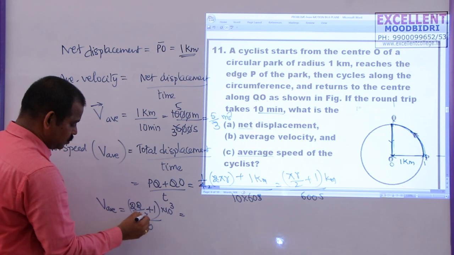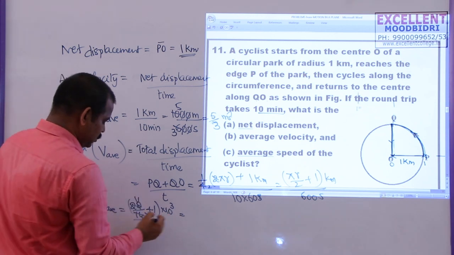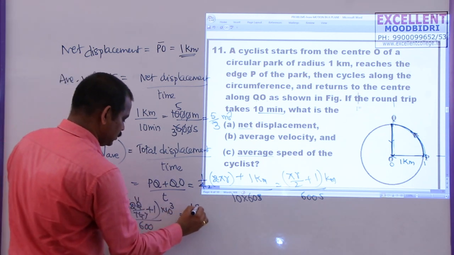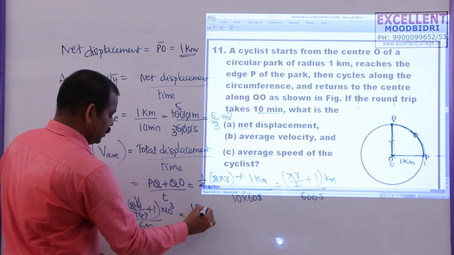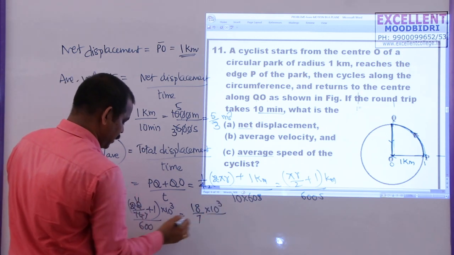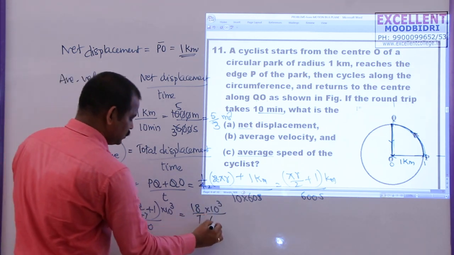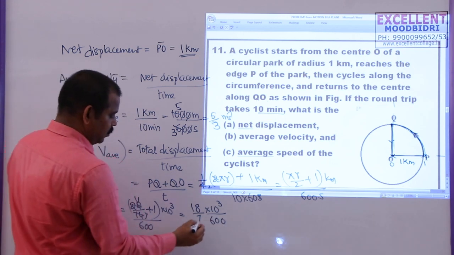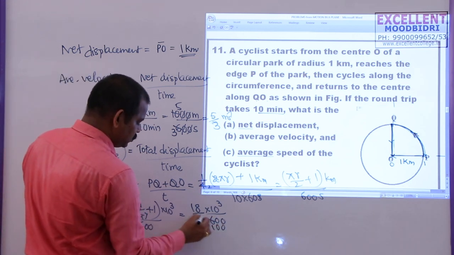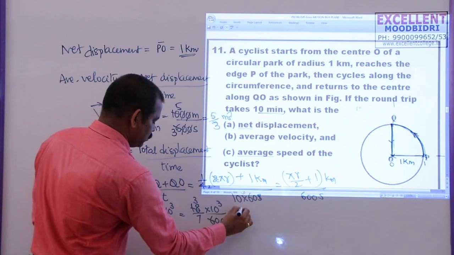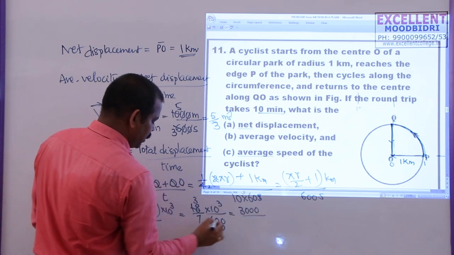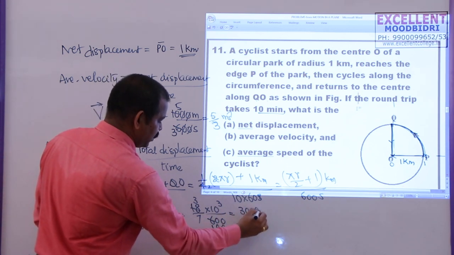So this is 2 sevens, 2 11s. So 7 plus 11, this is 18 by 7 into 10 power 3 by 600, and 1 will become 1 by 600. So now 6 ones, 0 0, 6 threes, this will be 3000 by 700.